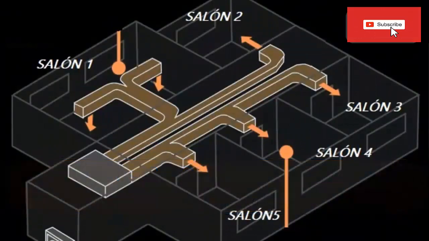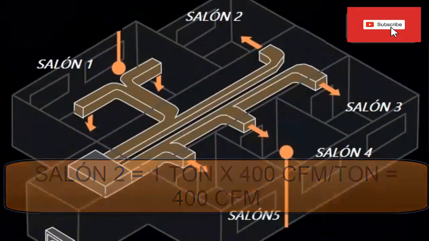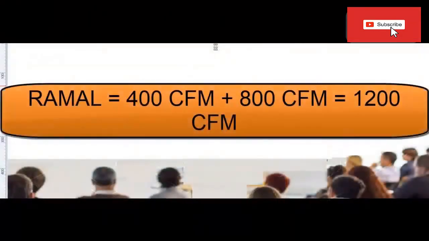The next room, number 2, has a heat load of 1 cooling ton, so it requires an airflow of 400 cfm. Analyzing then this branch of the system, it requires an airflow of 1200 cfm. This value of 1200 results from adding 800 plus 400 cfm, including room 1 and 2.